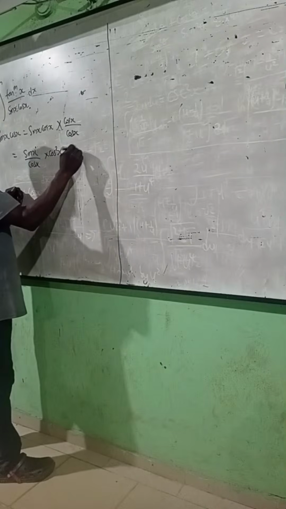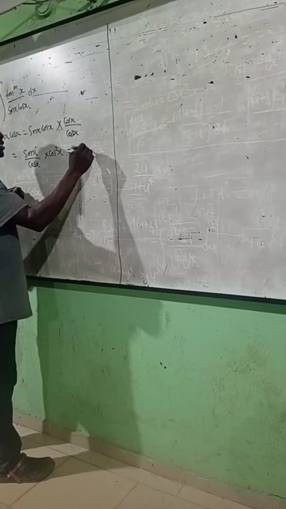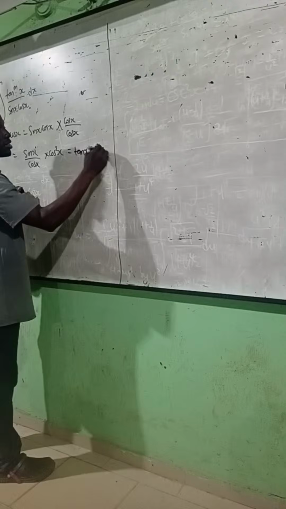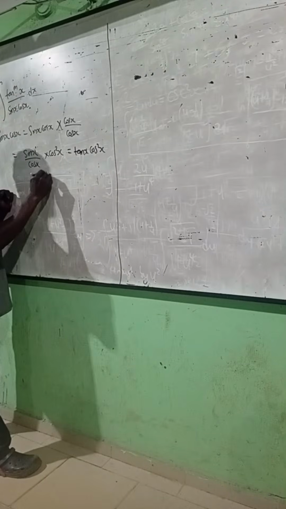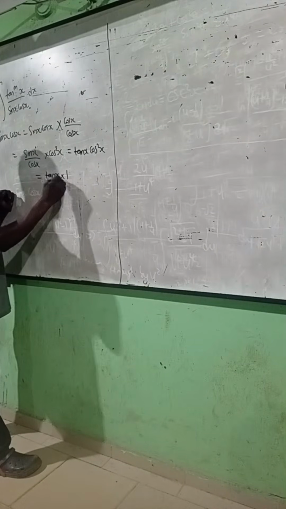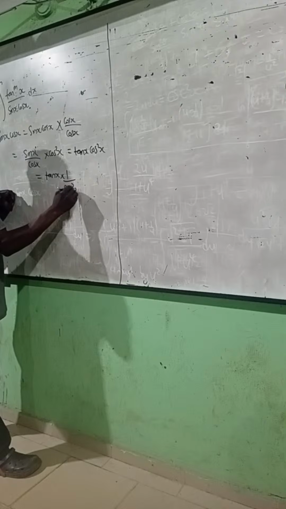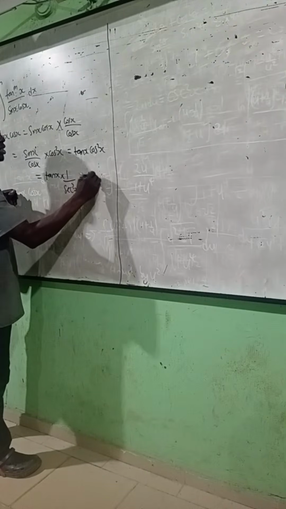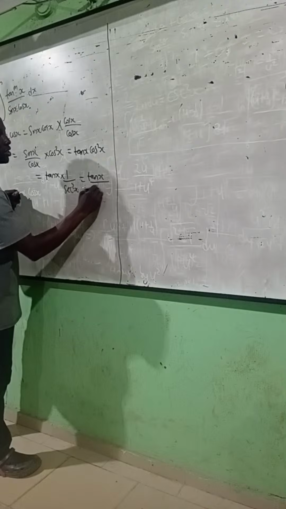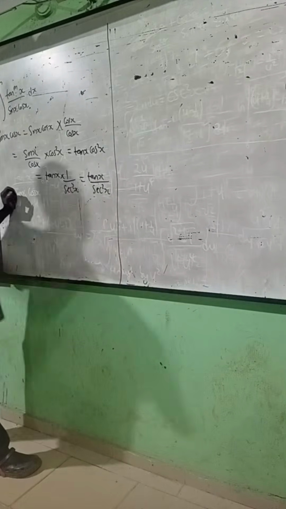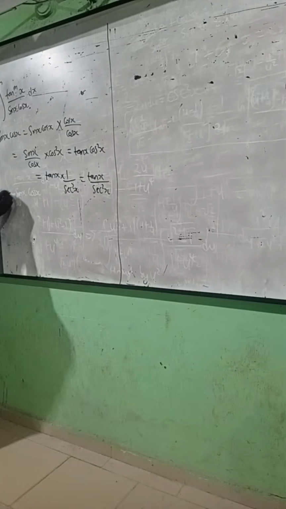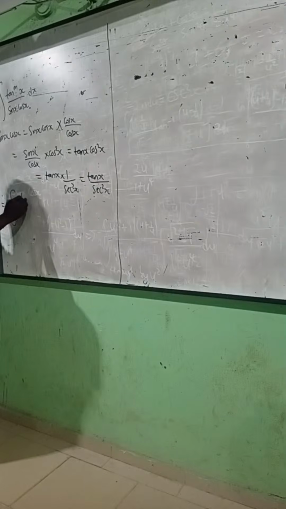Equals what? Tan x times cos square x. Equals tan x times what? 1 over what? Sec square x. Equals what? Tan x over what? Sec square x. That's the beauty in math. So here we have integral of what?